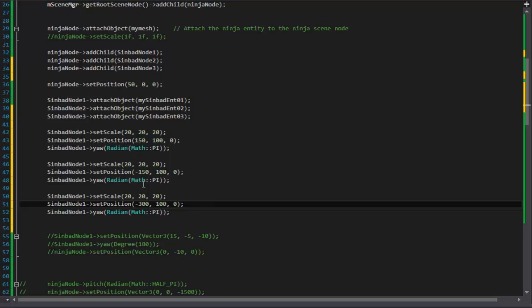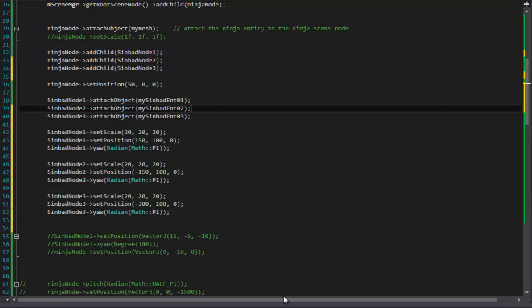So Sinbad node 1 is 150 units to its right. I want Sinbad node 2 to be 150 units to its left, and I want Sinbad node 3 to be 150 units to Sinbad node 2's side, which means that it would be 300 units from the Ninja node. I don't know, I just gave them names like that, but that's the way it is.